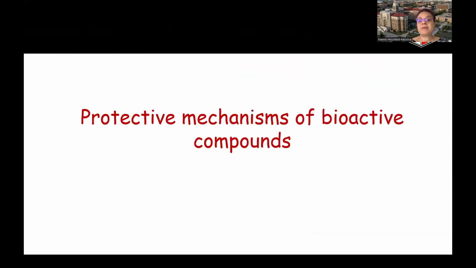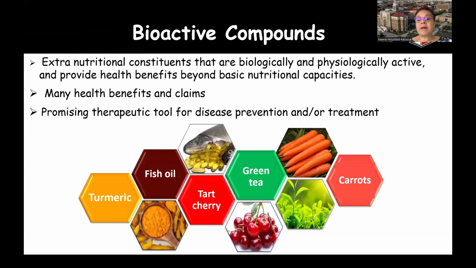So now moving on to bioactive compounds. There are several of them. These are not micronutrients or macronutrients. These are extra nutritional constituents, phytochemicals that are biologically active. There is significant research going on in this area, many health benefits, but also many claims.